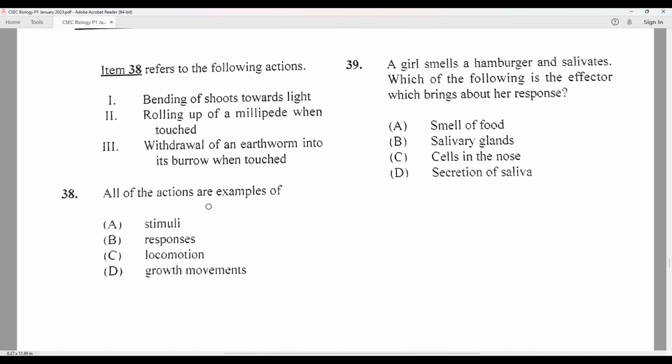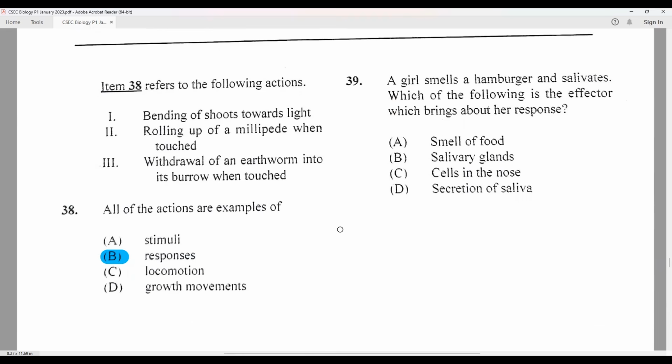All of the actions are examples of responses to stimuli, because the light falls on the seed, the millipede is touched and rolls up, and the earthworm goes into its burrow if it is touched. So responses to stimuli is the correct answer.